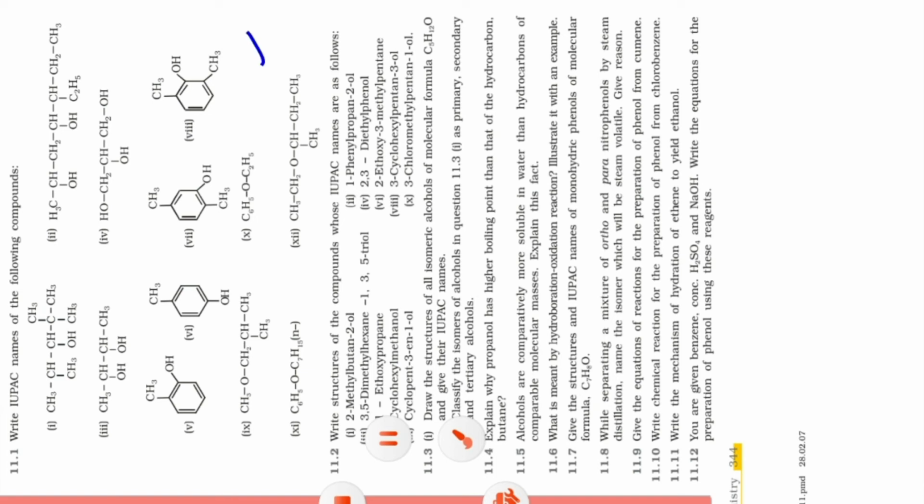Okay, next question you see, please, all of you. Now OH is in the center. OH is in the center. So here obviously it is 1. It is number 1. Then after that you can start from any side. You can start from this side also 2, or you can start from this side also 3, 4, 5 and the 6.